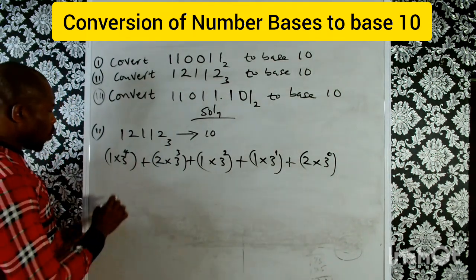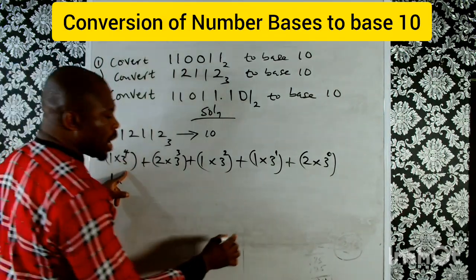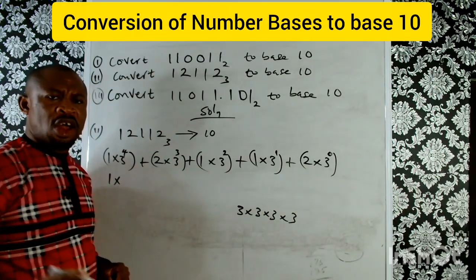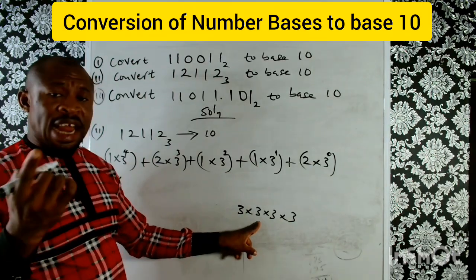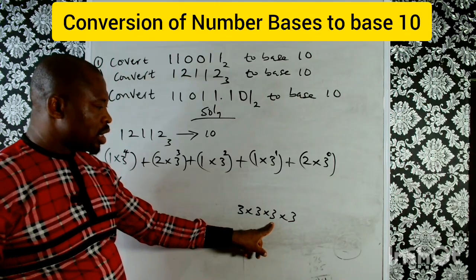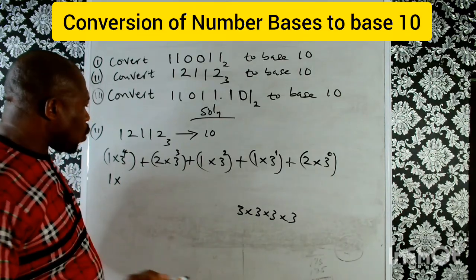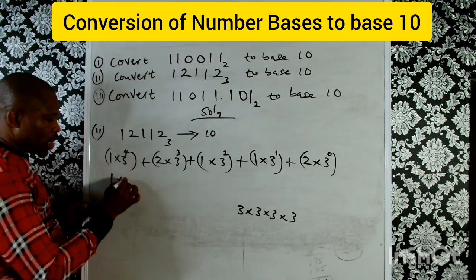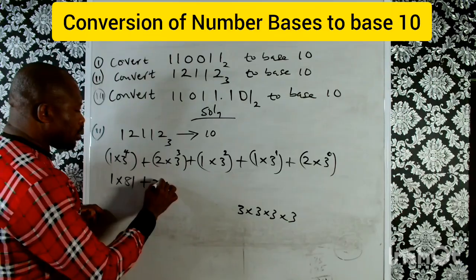Which will now give us 1 times 3 into 4 places, which is 3 times 3 times 3 times 3. 3 times 3 is 9. 9 times 3 is 27. 27 times 3 is 81. Means 1 times 3 raised to power 4, 1 times 81.